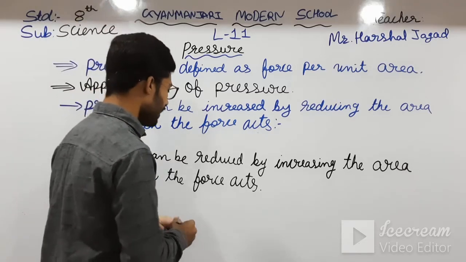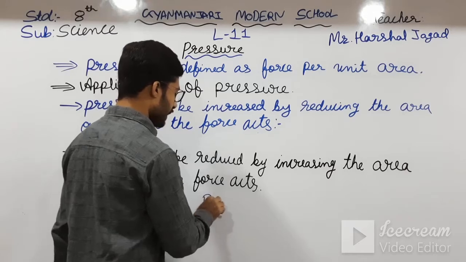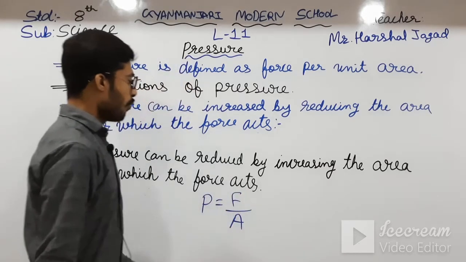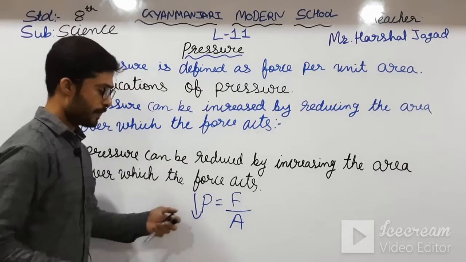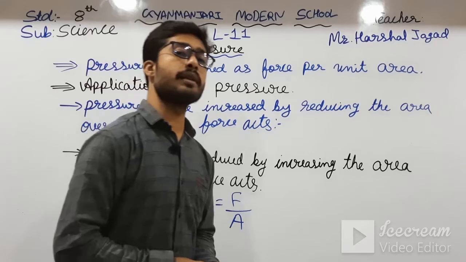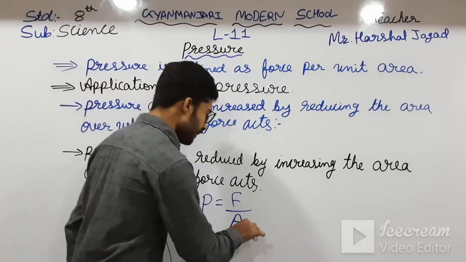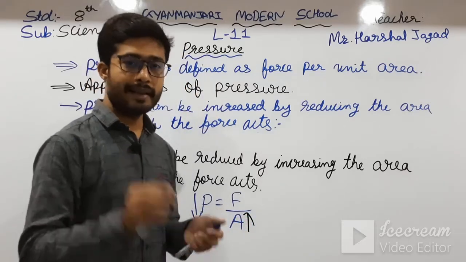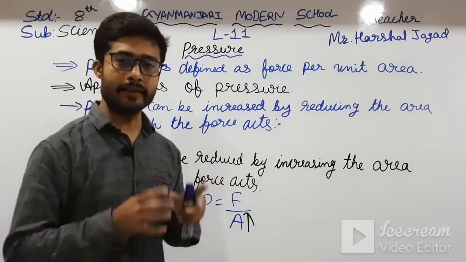Let me write here the formula, that is P is equal to F upon A. So what they want to do, they want to reduce the pressure. For that, what they do, they increase the area. They will increase the area so that the pressure value will be decreased.